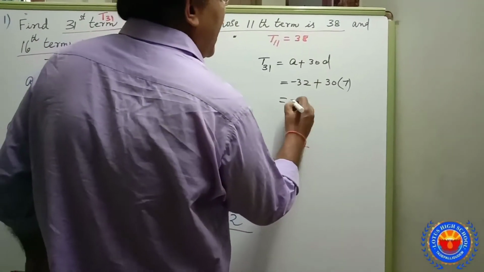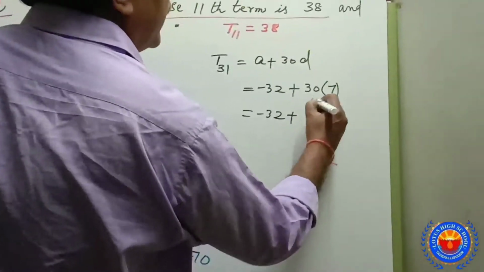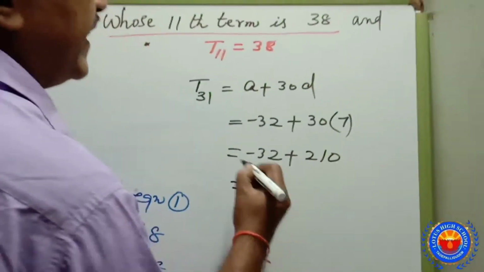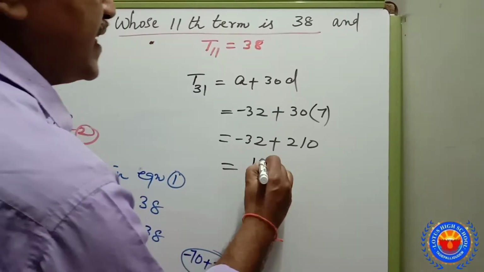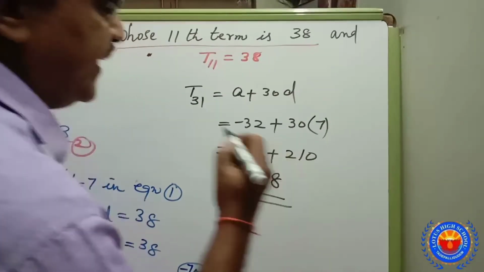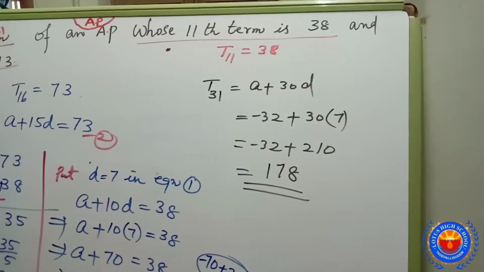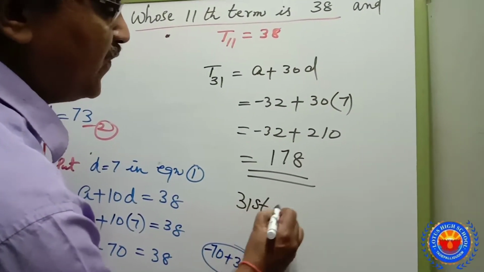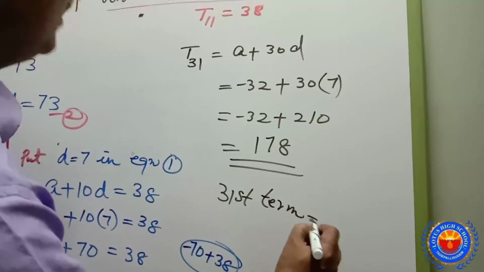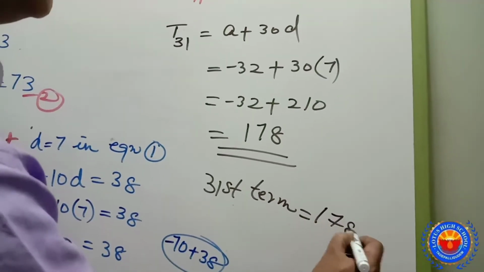So minus 32 plus 210, that is nothing but 210 minus 32. The answer is 178. Therefore the 31st term is equal to 178.